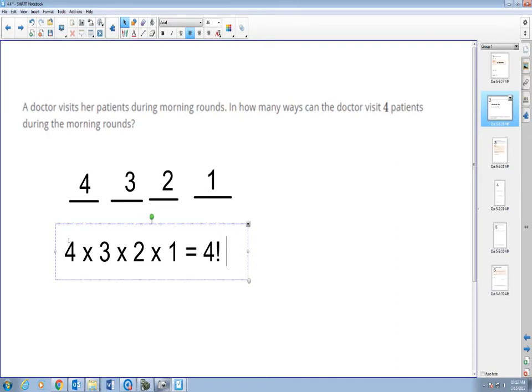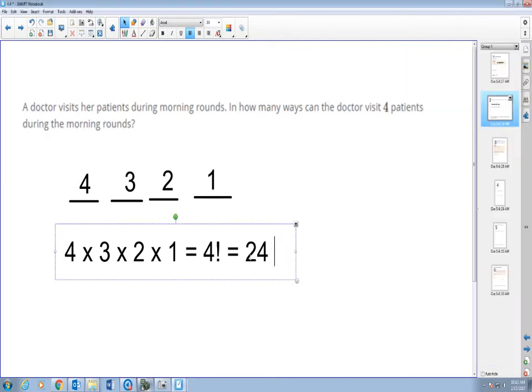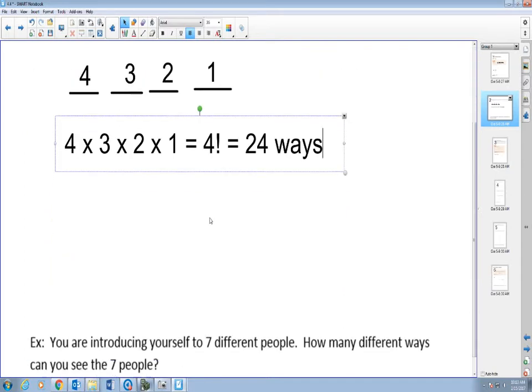So this problem is basically a factorial problem. 4 factorial means she has 24 different ways to visit the 4 patients. That's the way we think about it, because once she visits 1 patient, she only has 3 left to visit, or 2 left, or 1 left.